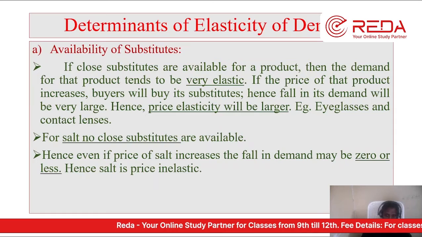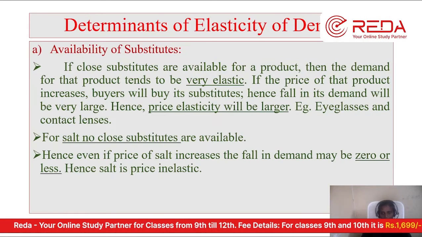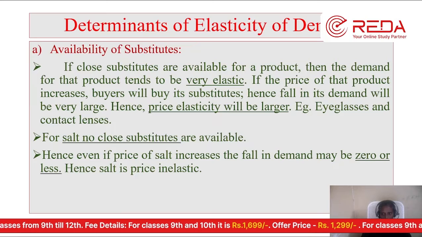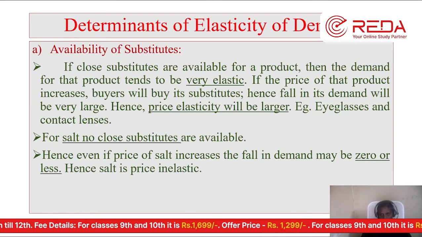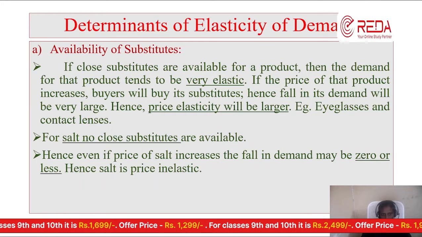It does not have any substitute goods also. If the price of such a commodity goes down, there will not be any change in the demand for the commodity, and it does not have any close substitutes.